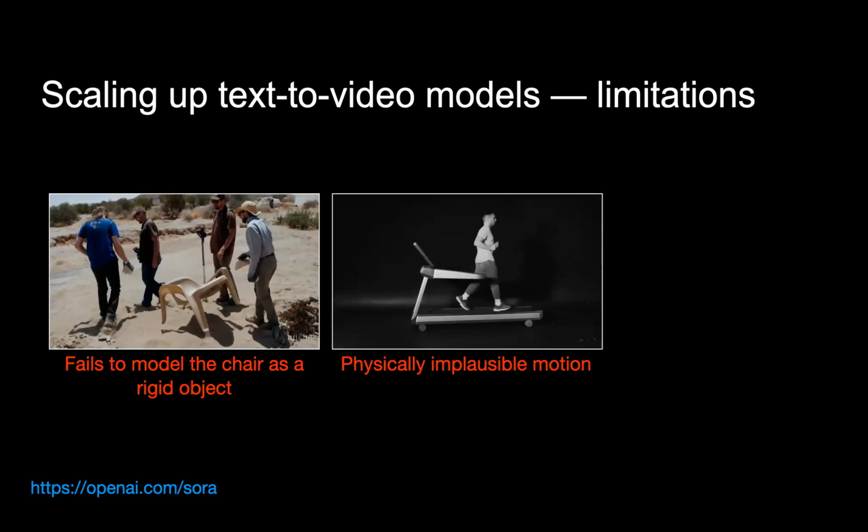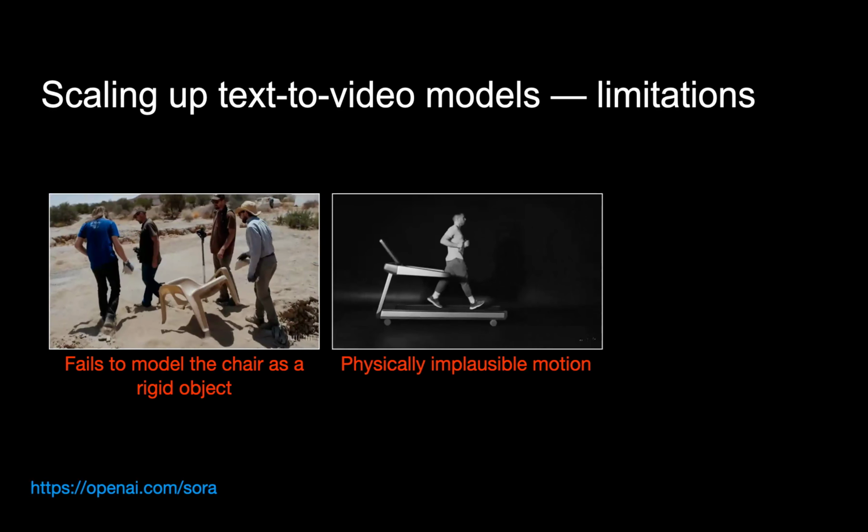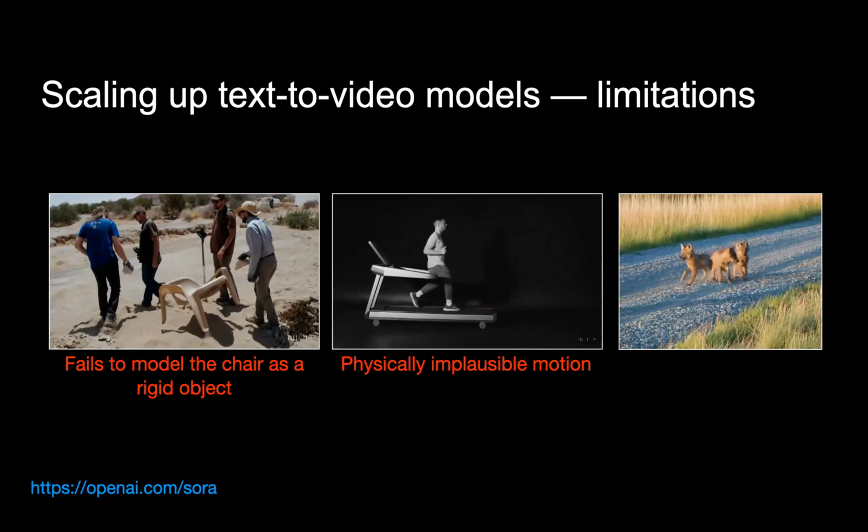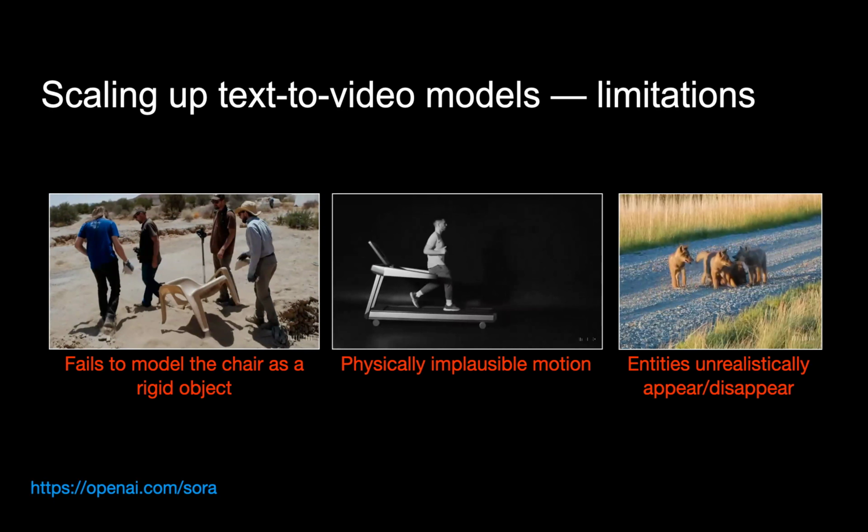Or in this example, the treadmill is following the person in an unrealistic manner and moves along with it. Or in other scenes that involve multiple entities, objects tend to spontaneously appear and disappear, then go inside each other.